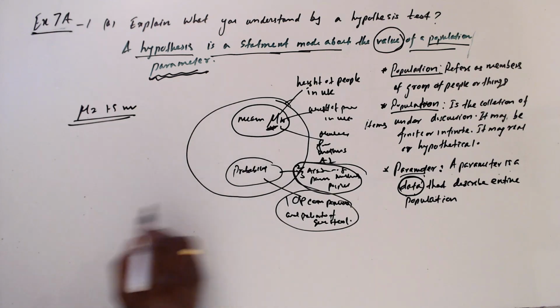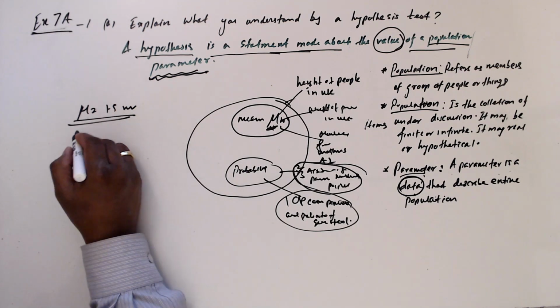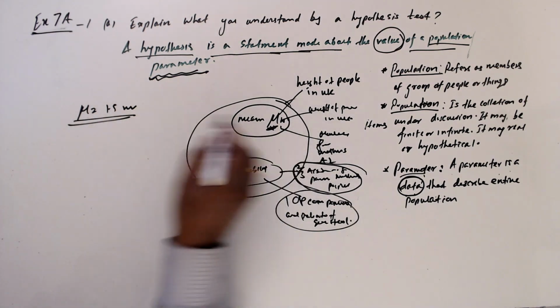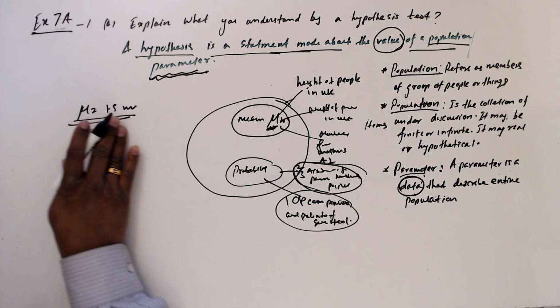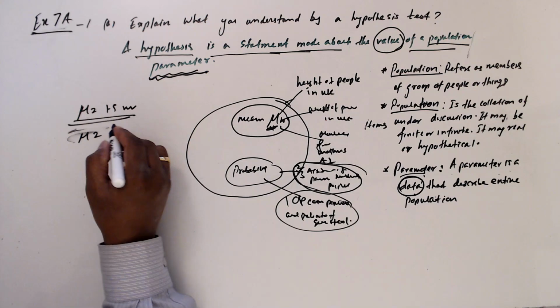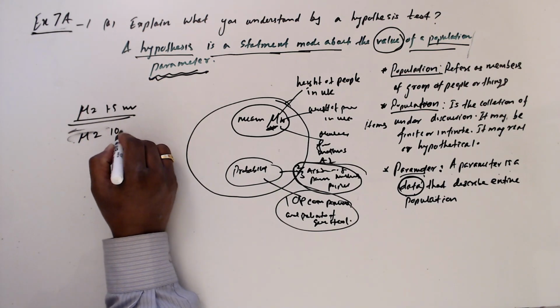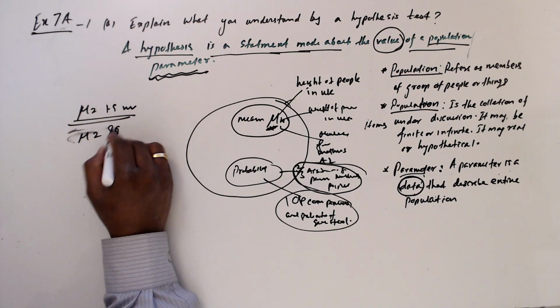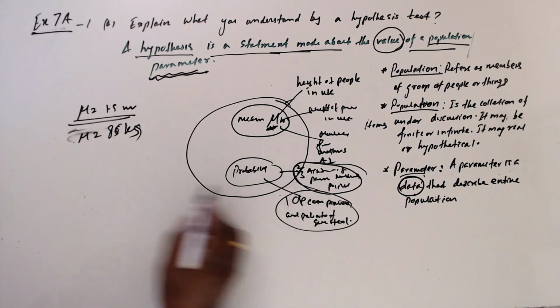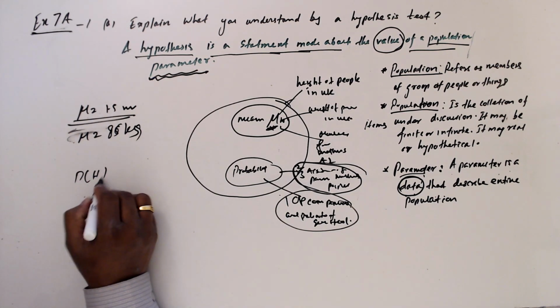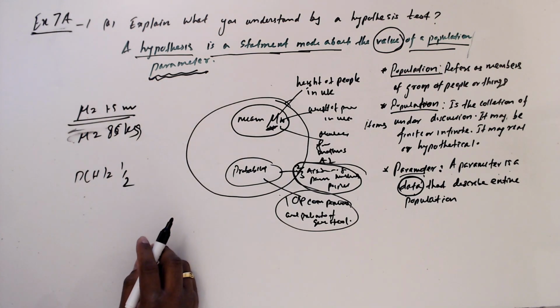For weight W, the mean weight is 85 kg, or the probability of getting a head is half for that population.